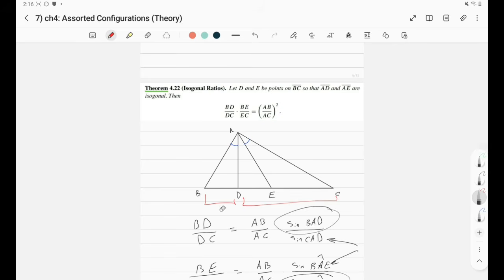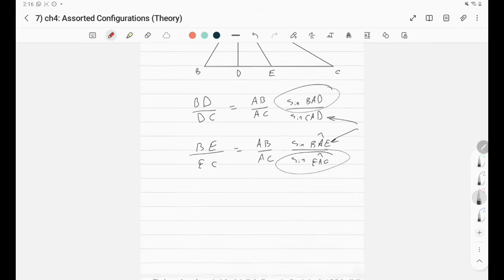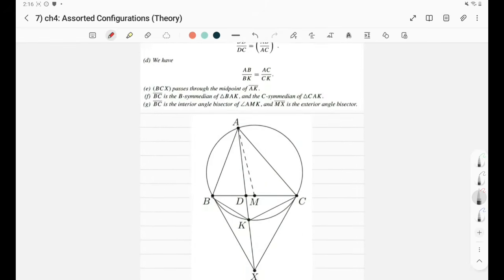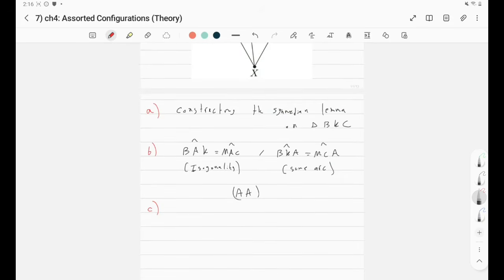So that means we literally know exactly where the symmedian meets the side. So that's very useful and helpful. Keep it in mind. You can check whether a line is the symmedian or not. For example, if I just give you the sides, let's say 2, 3, then you know that this over this is just going to be 2 over 3 all squared, so 4 over 9. So that's very useful.